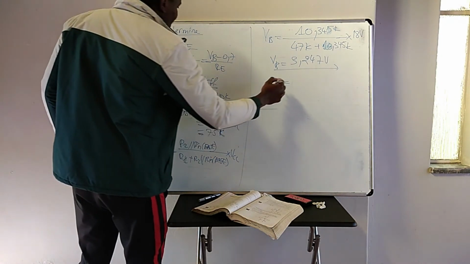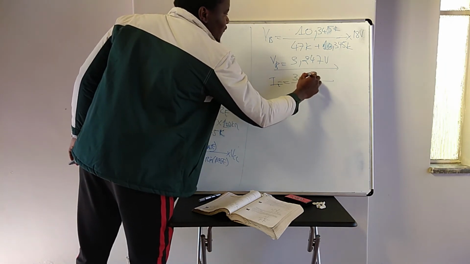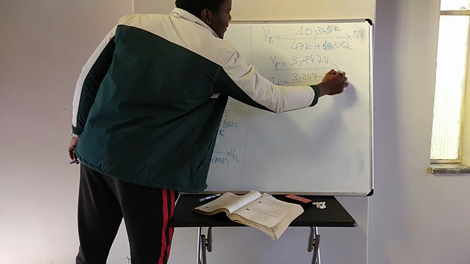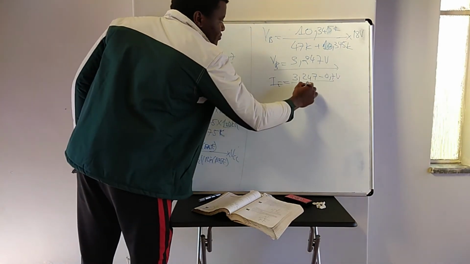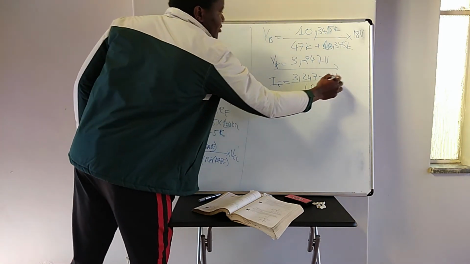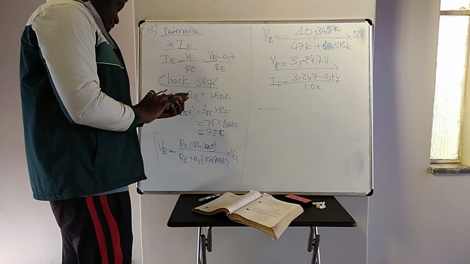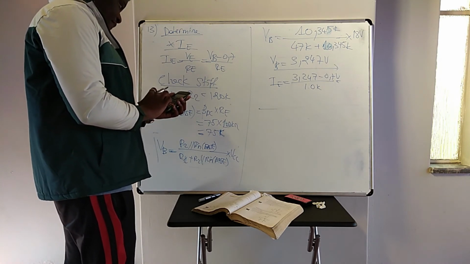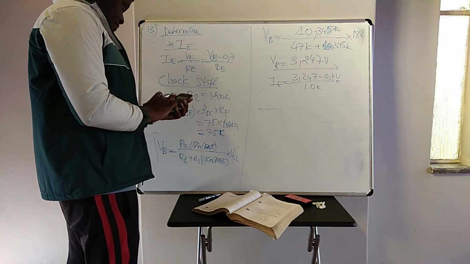So IE now will be what? 3.247 minus 0.7 volt over RE, my RE, which is 1K, something like that. So you got how much?